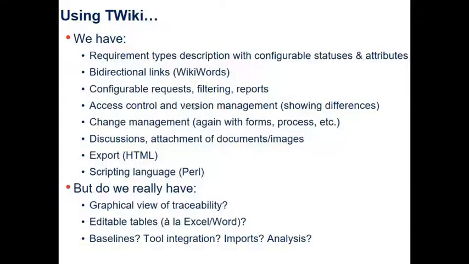You have configurable requests, filtering and reports. You have access control and version management showing the differences. You have change management, again with forms, processes, and etc. You have discussions, right? As we saw, the team members were commenting. You have attachment of documents or images available. You can export. You have scripting language in Perl language available.